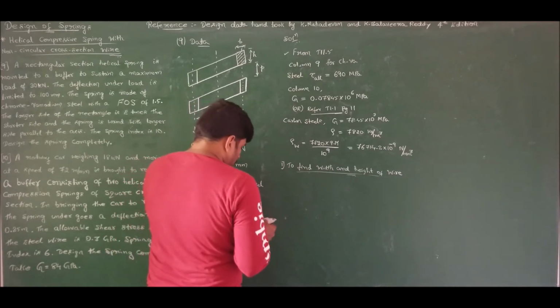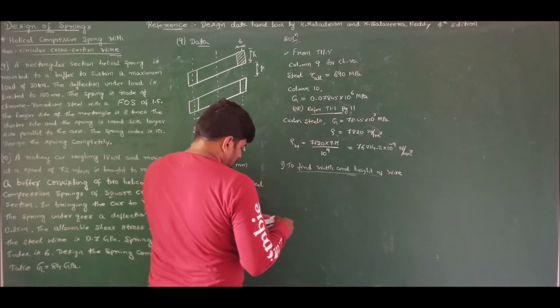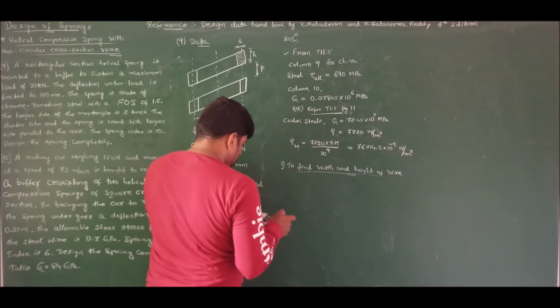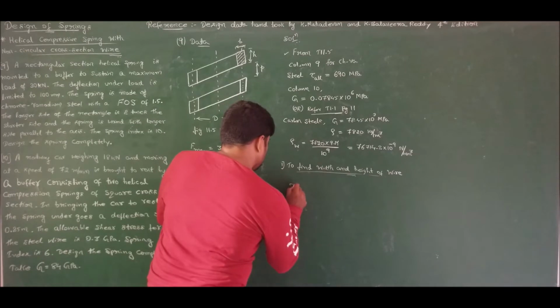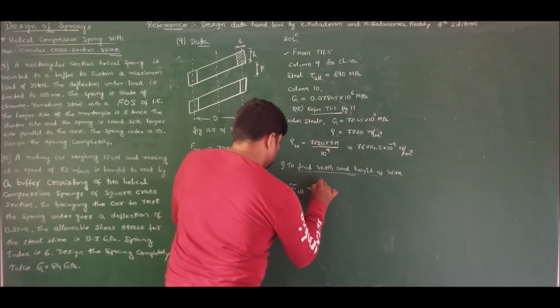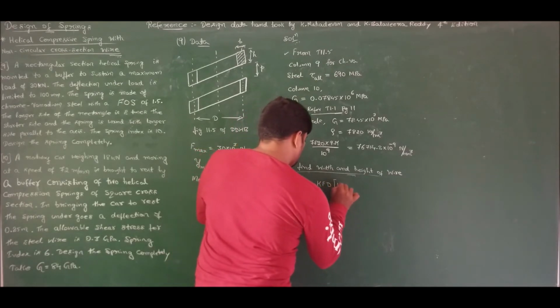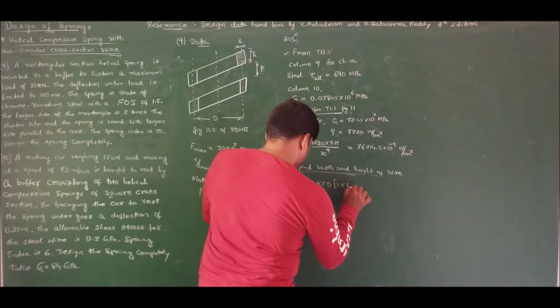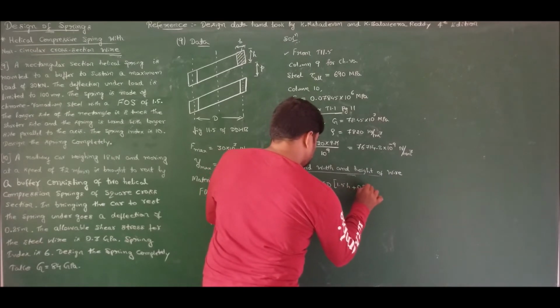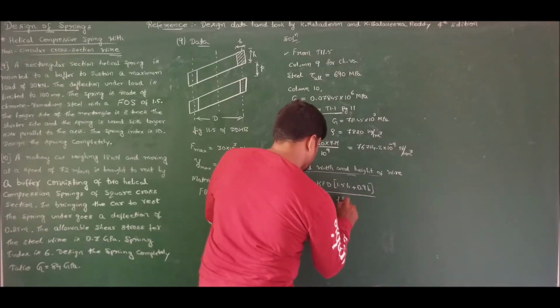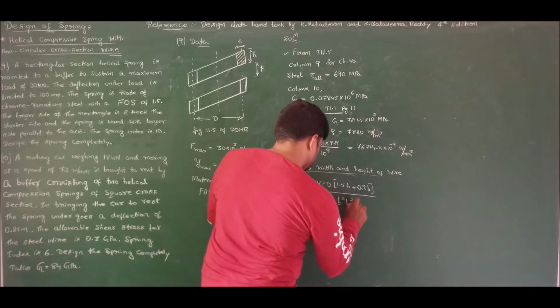To do that, we go for the allowable shear stress equation, which for rectangular cross section is tau allowable equal to K F D into (1.5 H plus 0.9 B) whole divided by B square H square.